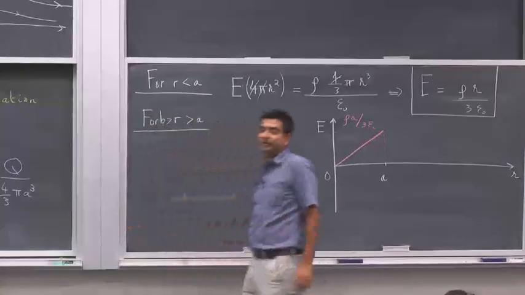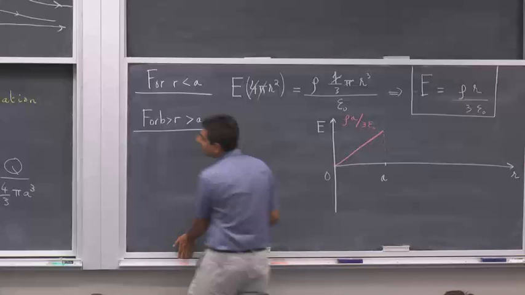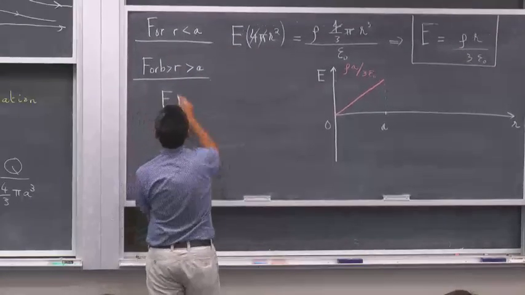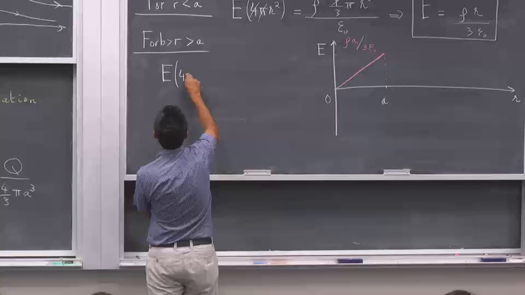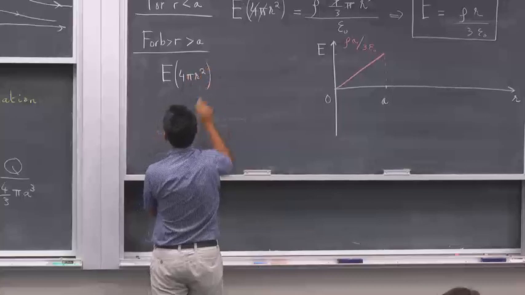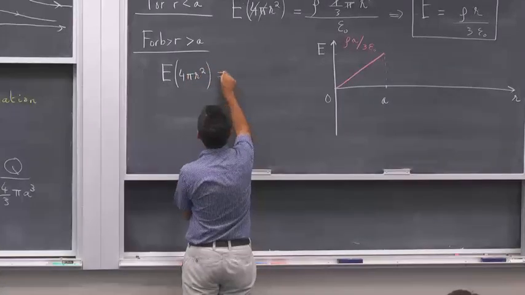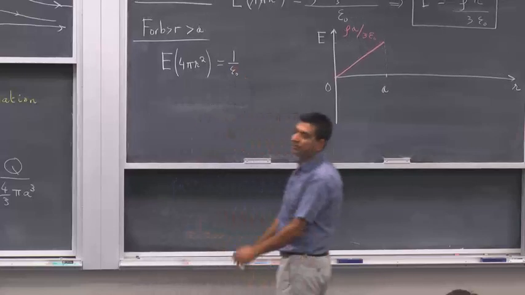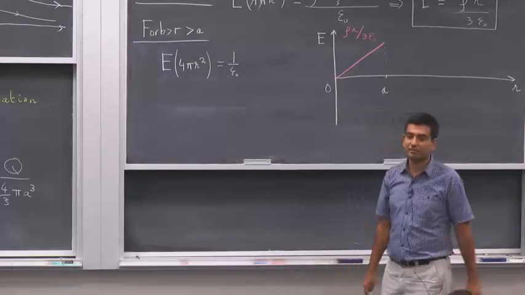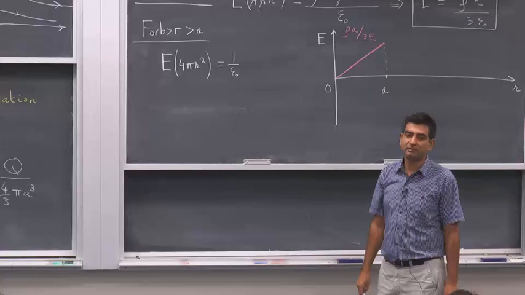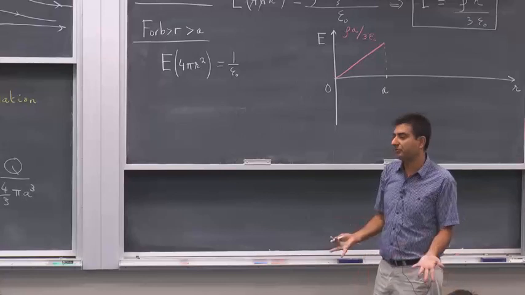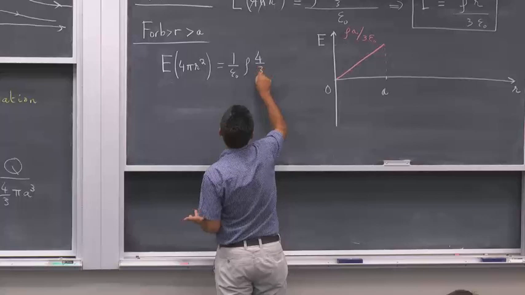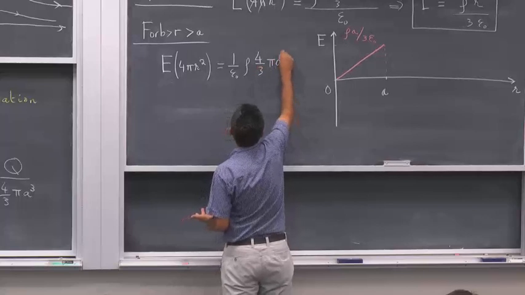So for r that is greater than A and smaller than B, so we're inside the annular region, we would again apply Gauss's law, E into 4 pi r square. Now r is the distance from the origin, equals 1 over epsilon naught, the total charge enclosed. Now what's the total charge enclosed? It's capital Q. But capital Q is just rho times 4 over 3 pi A cube.